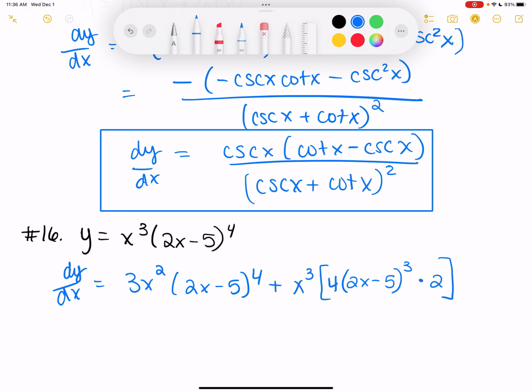And then I'm just going to rewrite this stuff to simplify it down as much as possible. So this is going to be 3x squared times (2x minus 5) to the 4th plus, let's see, 2 times 4 is 8 times x cubed. So 8x cubed times (2x minus 5) cubed.